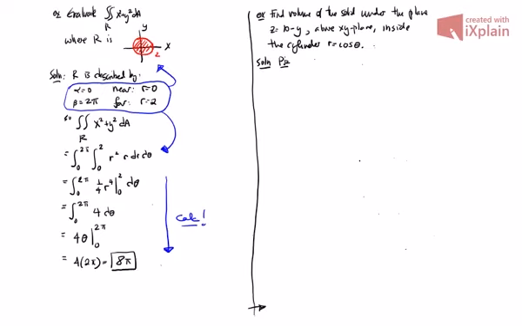So r equals cosine theta is this circle. In 3D, this is a cylinder. So that cylinder looks like this.